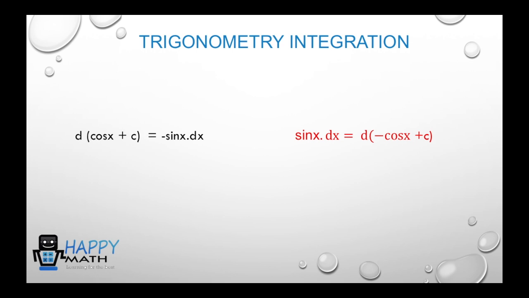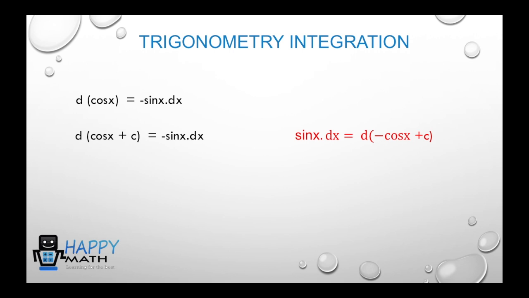sin x dx. Come back to the original function: when you take the derivative of cos x plus c, or only cos x, you get minus sin x times dx. So when you move cos x from inside the derivative to the outside, you have to change the main function from cos x to minus sin x times dx.